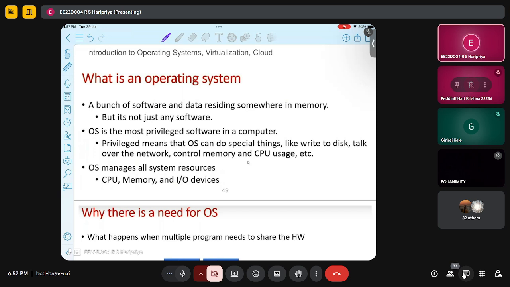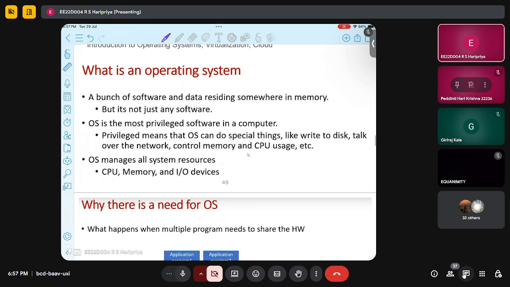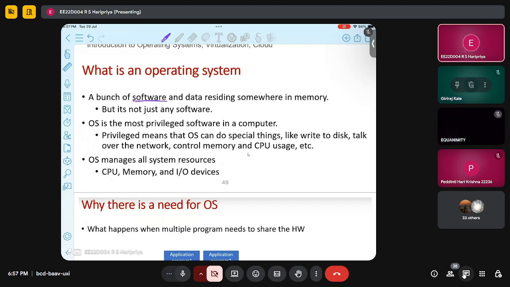So let's start. An operating system is a piece of software. We have a user application and an operating system. The main difference is how they sit in the memory. The operating system is software and it has most of the privileges in the computer system.